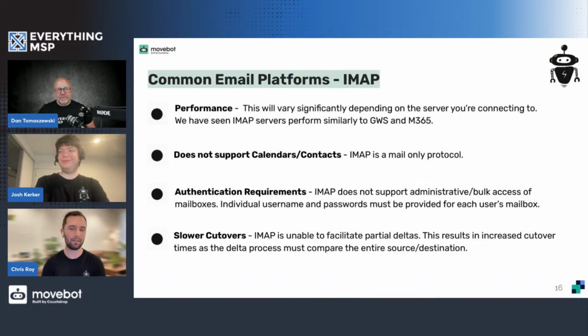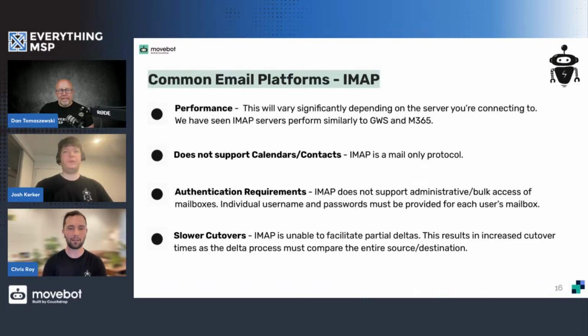When the protocol doesn't support any kind of administrative or bulk access of mailboxes, you have to retrieve the individual usernames and passwords for each user's mailbox. This can be incredibly cumbersome, and of course these need to be provided to your migration tool as well.